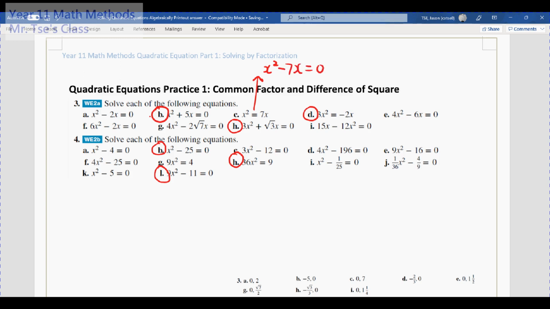And then you see 2 terms, and you can just use factorization. x is the common factor, then you can solve it. You can say x equals 0 or x minus 7 equals 0, so x equals 0 or x equals 7. That's how we do it.